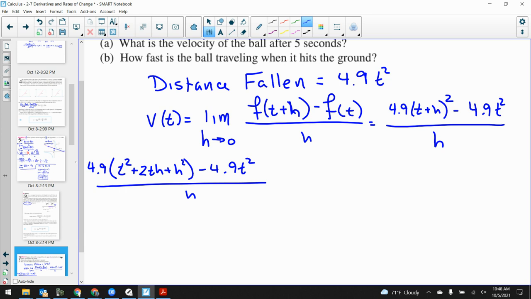Okay, let's distribute our 4.9 in. So 4.9 t squared plus 2 times 4.9 is 9.8 th plus 4.9 h squared. And then we have that minus 4.9 t squared.